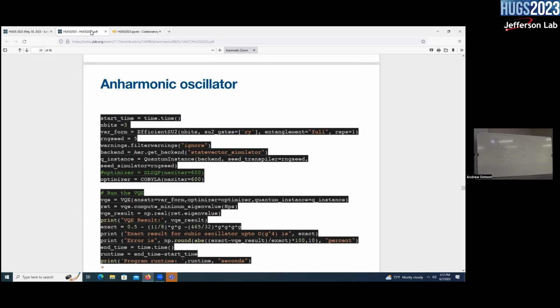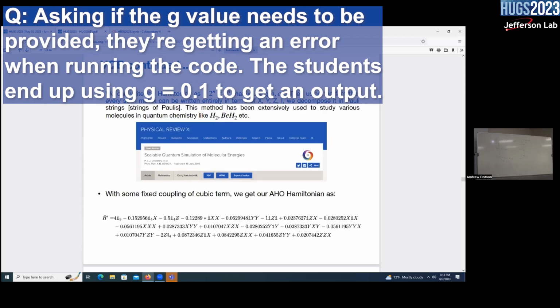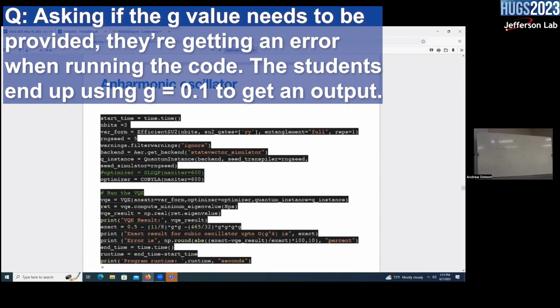Now, after discussing the harmonic oscillator, I want to go a step further and tell you about another model. This is what I left here: I wrote some fixed value, so G is set to something.